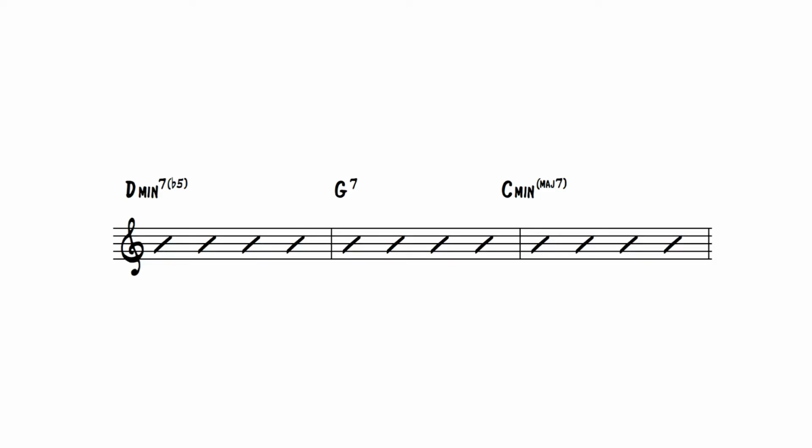Or if you're doing a minor 2-5-1 at the end of a song, you could perhaps turn that minor 1 chord into a minor major 7th chord. Right? Something like that to add more color. So that's the altered 1 chord ending.